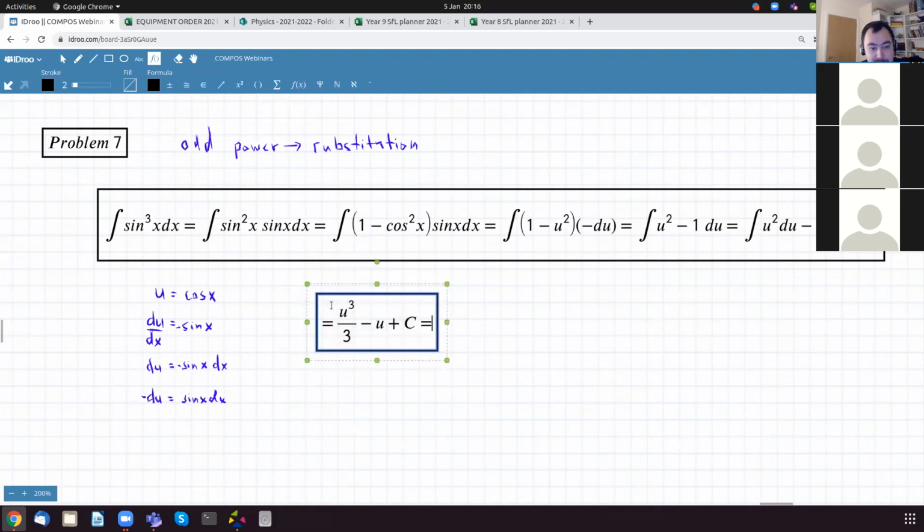Now we do reverse substitution, so it's going to be 1/3 cosine cubed x minus cosine x plus c. One-third cosine cubed x minus cosine x plus c.